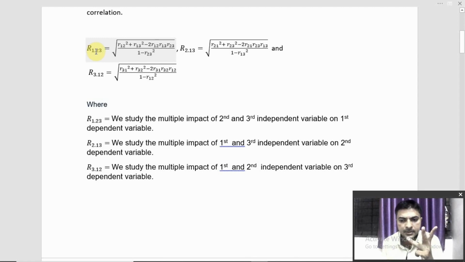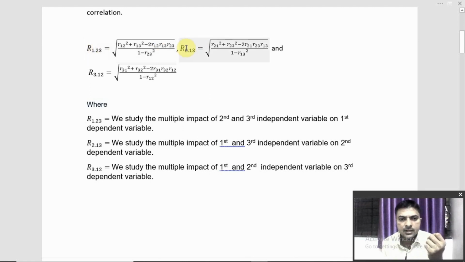So in the 3 variables x1, x2, x3, 2 and 3 are independent variables, 1 is the dependent variable. So these 3 variables are nothing but the multiple correlations.